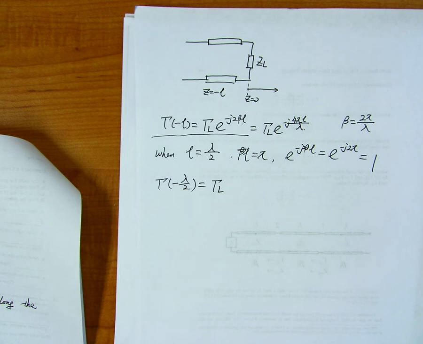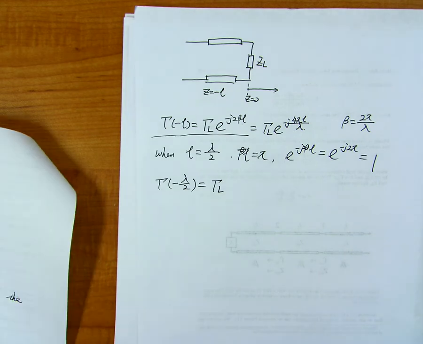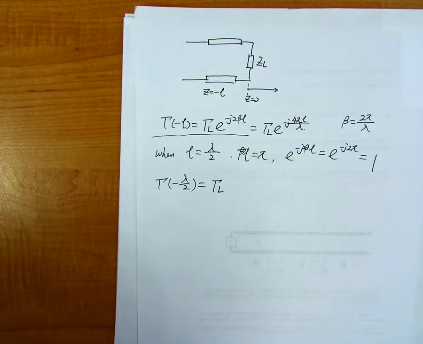And when L is equal to half pi, you have the antinode about the center. Gamma L is here. And when L is equal to lambda, you're back to gamma L. So that's a convenient way for you to find the generalized reflection coefficient. I cannot draw here, so you can read in the lecture note, which can give you a clearer understanding. So we have this Smith chart.